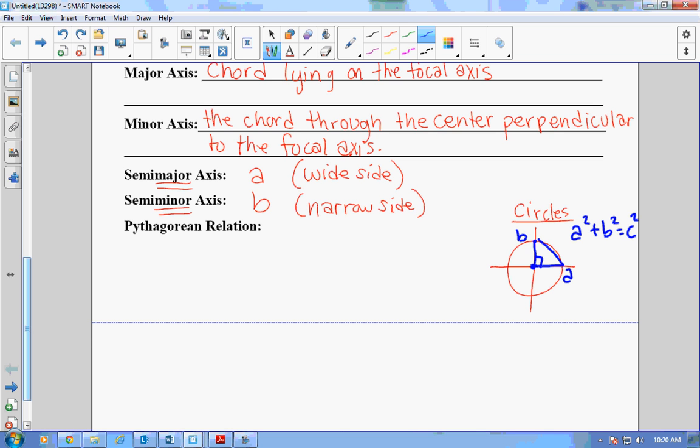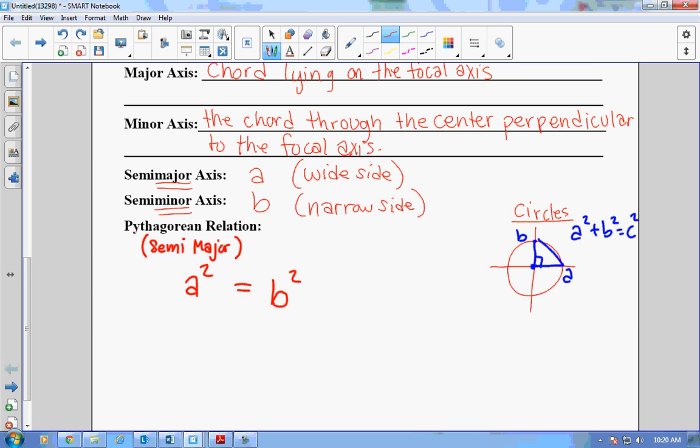There's also a relationship here with the Pythagorean theorem, but it looks a little different. The relationship is a squared, where A is the semi-major axis, equals b squared, the semi-minor axis, plus c squared.